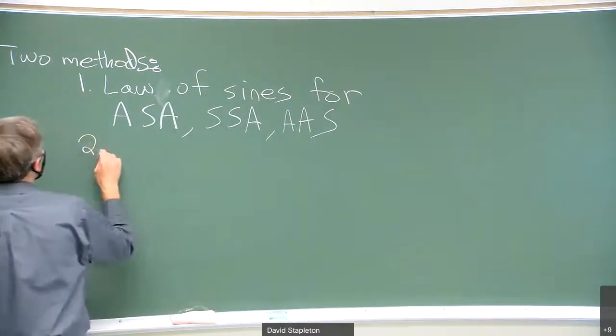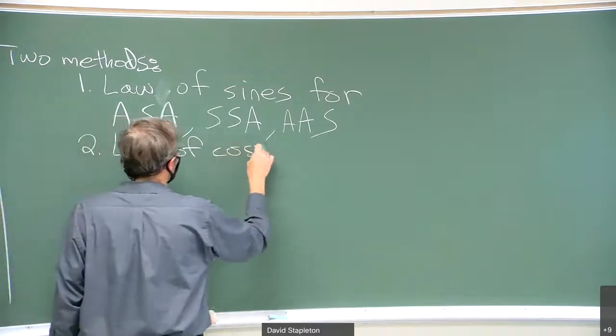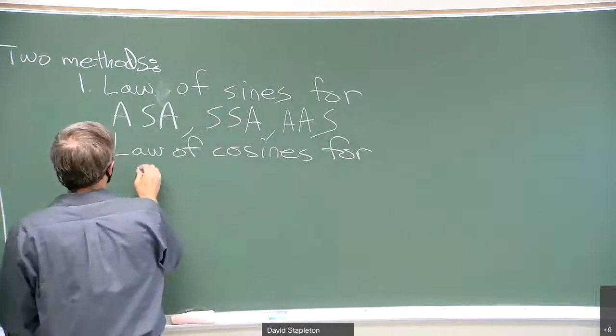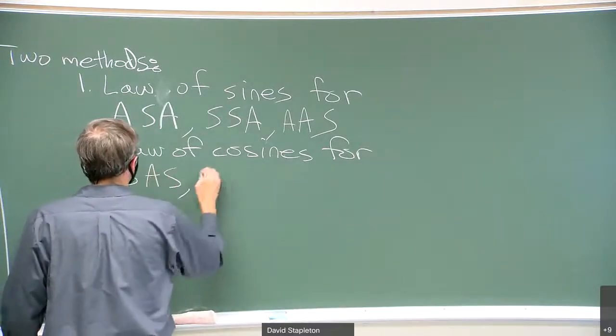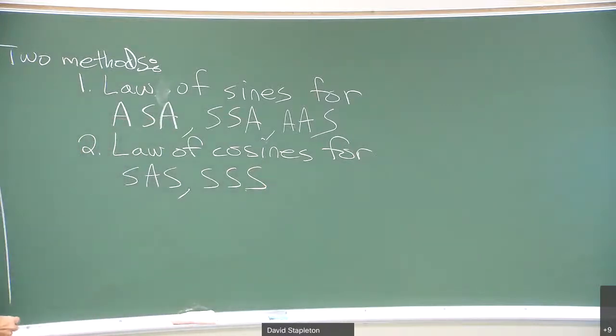The second one is the law of cosines. This is for the remaining cases: side, angle, side, and side, side, side. Well, there's one more case left. There are six different cases of three pieces of information you can be given in a triangle.